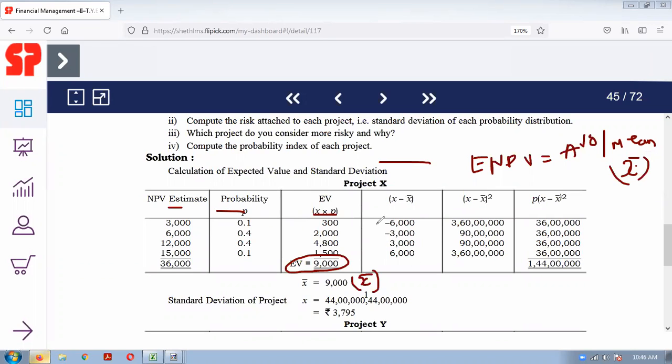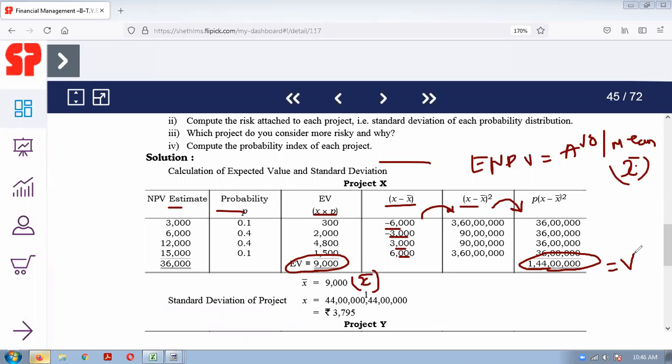Okay. So X minus X bar, 3000 minus 9000. So this table will be X minus X bar. So 3000 minus 9000, 6000 minus 9000, 12,000 minus 9,000, 15,000 minus 9,000. Then square this table, multiply this by the probability value, you will get the variance. This will be variance.